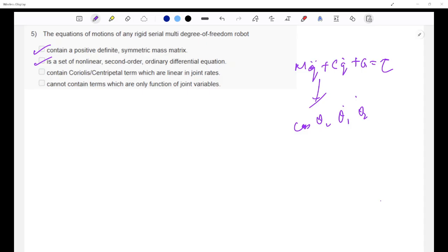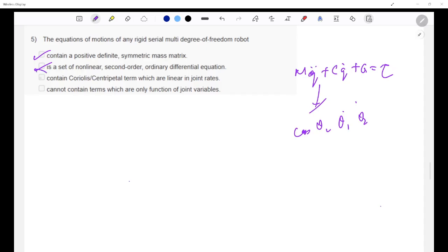The third option is it contains Coriolis and centripetal terms which are linear in joint rates. Coriolis and centripetal terms are quadratic in joint velocities and they are not linear. Therefore, they are not linear in joint rates. The fourth option is that it cannot contain terms which are only functions of joint variables.